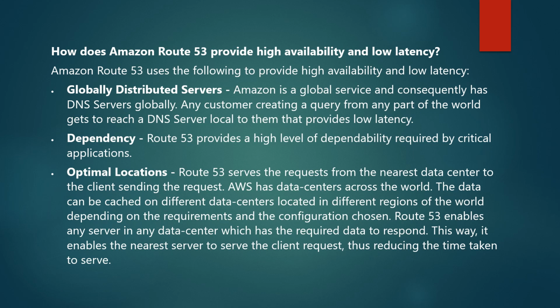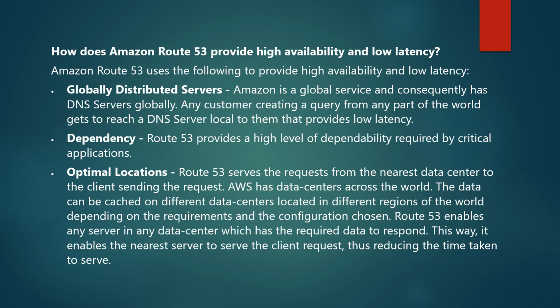Dependency. Route 53 provides a high level of dependability required by critical applications. Optimal locations. Route 53 serves the request from the nearest data center to the client sending the request. AWS has data centers across the world.